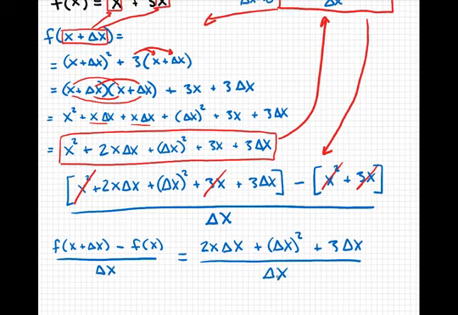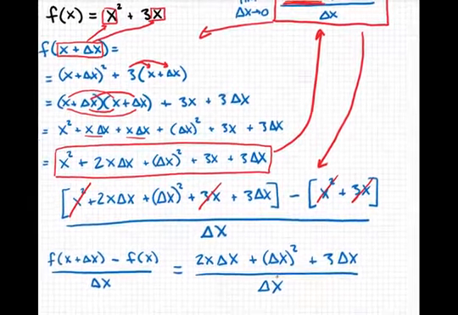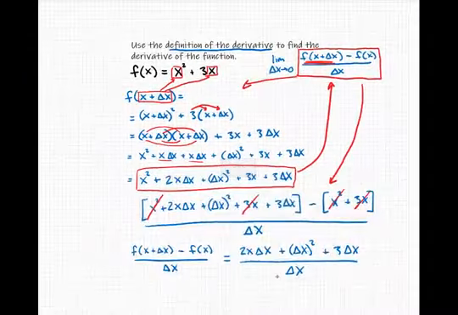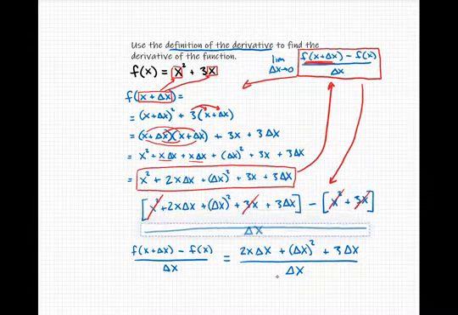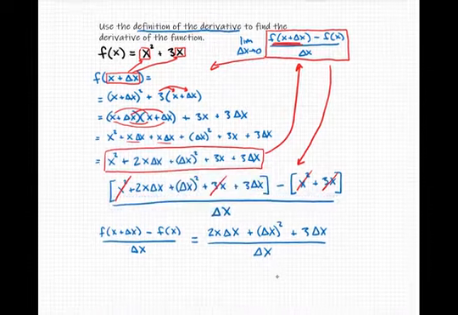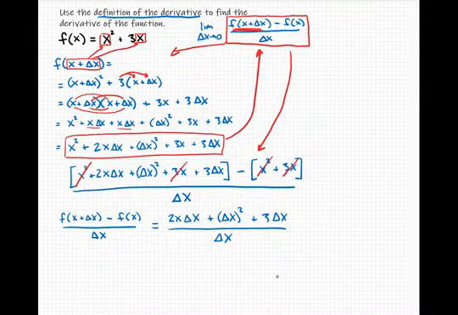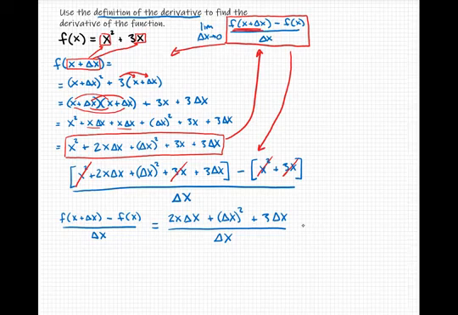Each term in the numerator here has a delta x, so we can factor out a delta x.